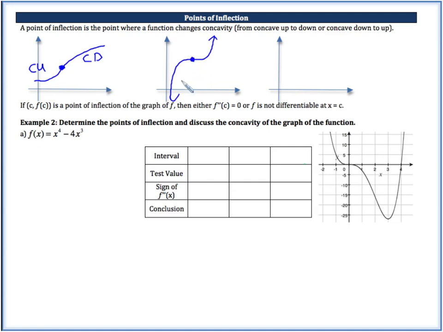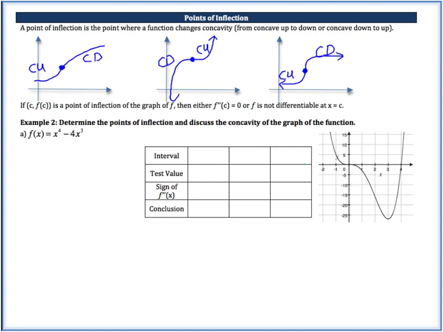So here would be your point of inflection. Here was concave down and here was concave up. So our point of inflection. Another example here. Okay, so the point of inflection will be right here where we switch from concave up to concave down.